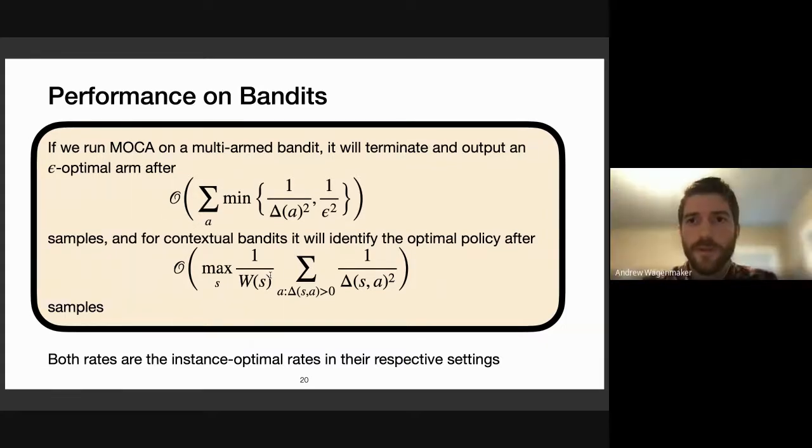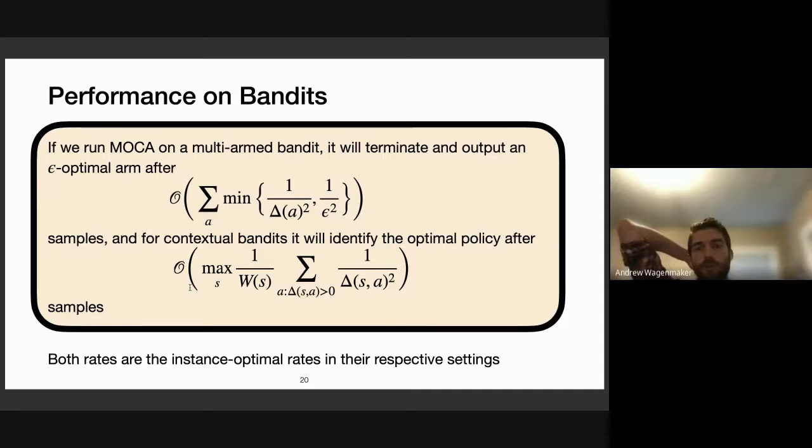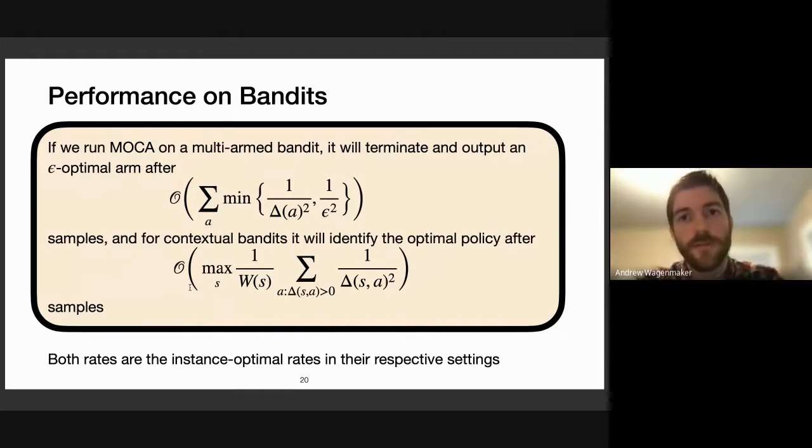Yes, sir? I have a question. You mentioned that there are no lower bounds, but I was under the impression that the work of Marjani and Poutier had a sample complexity lower bound which is instance specific. Right, so they do. There are several things to mention about theirs.